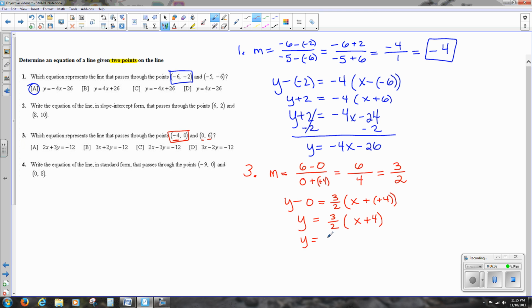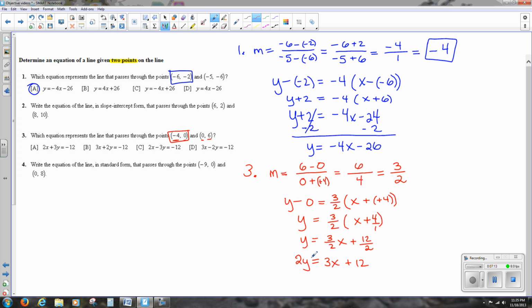So y equals 3 over 2 times x plus, remember that that's really 4 over 1. So 3 times 4 is 12, and 2 times 1 is 2. I think the next thing that we'd like to do is to multiply everything by 2 so we can get rid of these denominators. So we get 2y equals, when I multiply by 2, those will cancel out. So we just have 3x. Multiply by 2 here, and I just get 12.